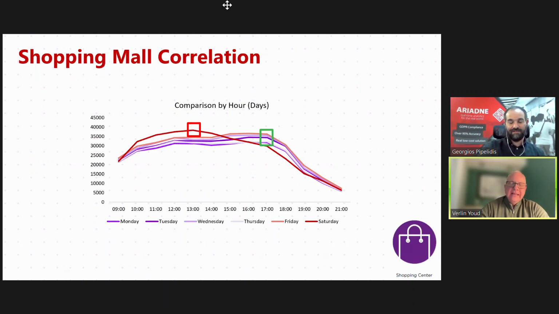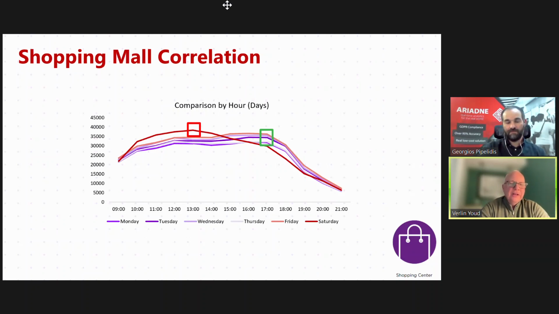Also, we can compare this to many of the customers that we have experience with working in malls. When we've got shopping mall customers, we've done a lot of analysis, and here's a comparison and mapping of data from one of our customers. What it shows you here in the green box is the peak number of visitors during the week.